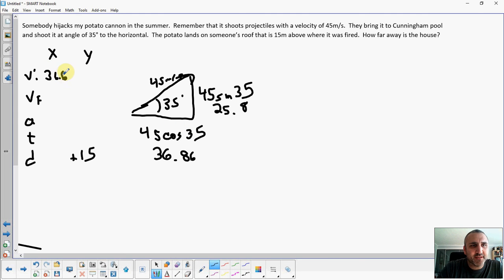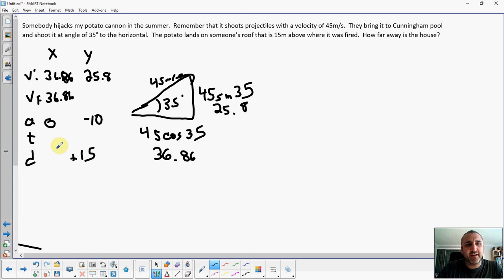So 36.86 for the Y initial velocity, acceleration is negative 10, and the X velocity is positive 25.8 meters per second. And that's really all we know to start this problem out, now that we've got our two initial velocities.